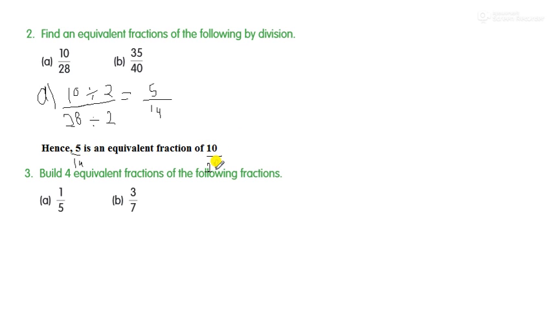Next 35 by 40. So here divide the numerator and denominator by 2. Or divide the numerator and denominator with, these two are divisible by which number? Yes, it's divisible by 5. So divide with 5.